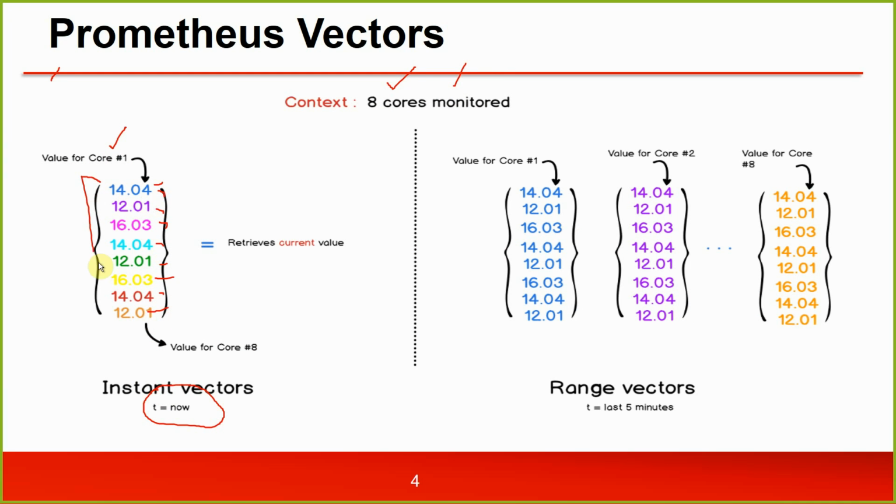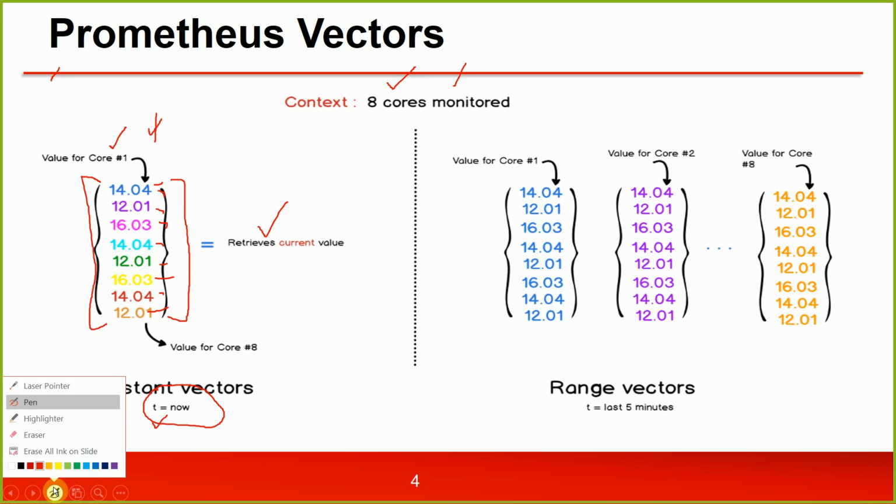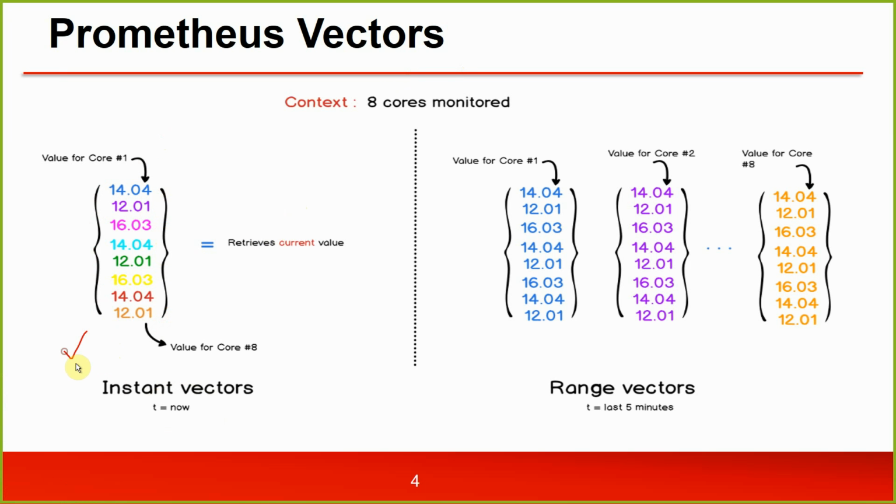These are all 8 cores of my computer I am monitoring. At this point in time, these are the values. So this retrieves the current value. These are called instant vectors. As of now, at this time, all these 8 metrics have these values.